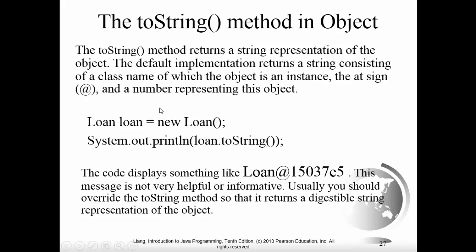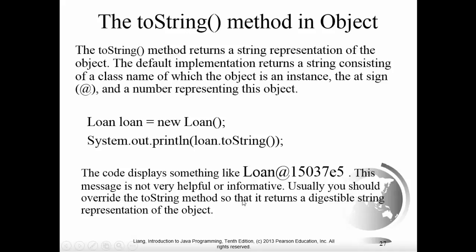So the toString method returns a string representation of the object, as I said. Whenever we specify that we want to run a toString, we can use the system default, but it's going to display something not very meaningful, like the name of the class and some sort of numeric or hex parameter about where this is in memory, so it's not very helpful.